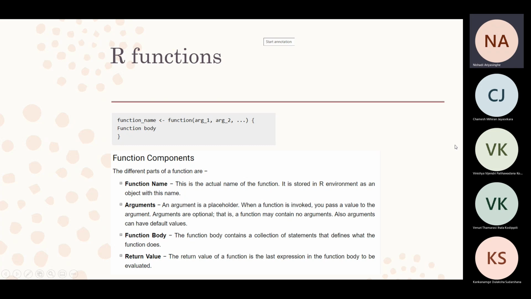The argument list is kind of a placeholder. You can pass values to these arguments when the function is invoked. Arguments are optional actually. You do not have to pass values every time.